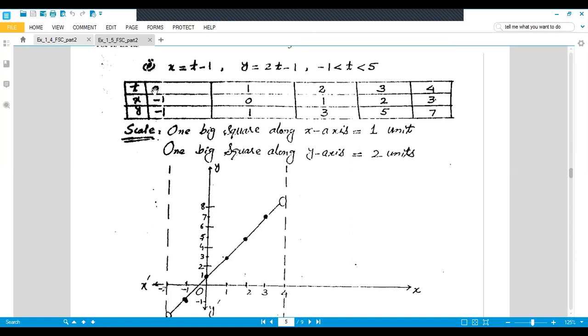So when the t value is 0, x is equal to minus 1, and y is also minus 1. So in front of minus 1, you put this point.